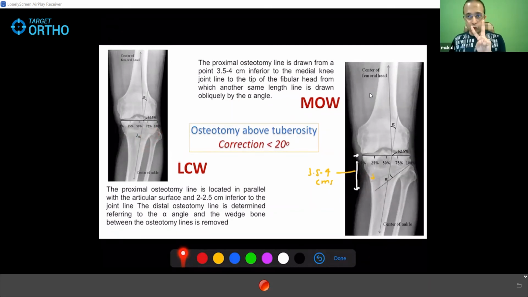So what are those 2 osteotomies you do here, क्योंकि 2 बार कट करना पड़ेगा. तो proximal osteotomy line जो होती है ये वाली, ये पैरेलल टू आर्टिकुलर सरफेस होती है, प्रॉक्सिमल वाला. जो डिस्टल osteotomy लाइन होती है, that is determined by this alpha angle, कि कितना हमें करेक्शन एंगल रखना है. प्रॉक्सिमल osteotomy लाइन will be 2 to 2.5 सेंटीमीटर्स down from this joint. तो यहाँ जॉइंट लाइन से 2 to 2.5 सेंटीमीटर्स नीचे जाना है लेटरल साइड पे, पर मीडियल साइड पे 3.5 to 4 सेंटीमीटर्स नीचे जाना है.